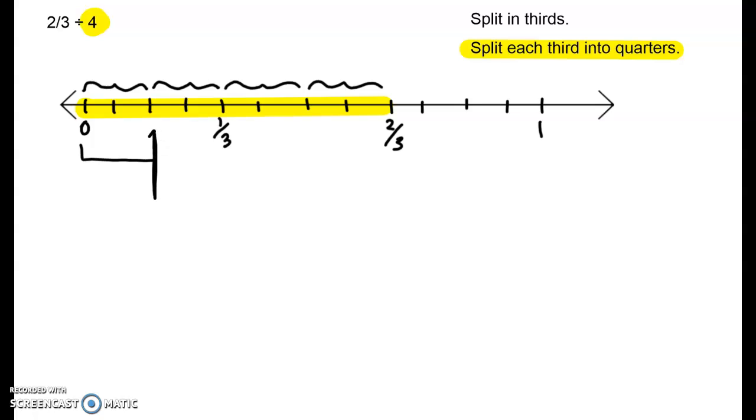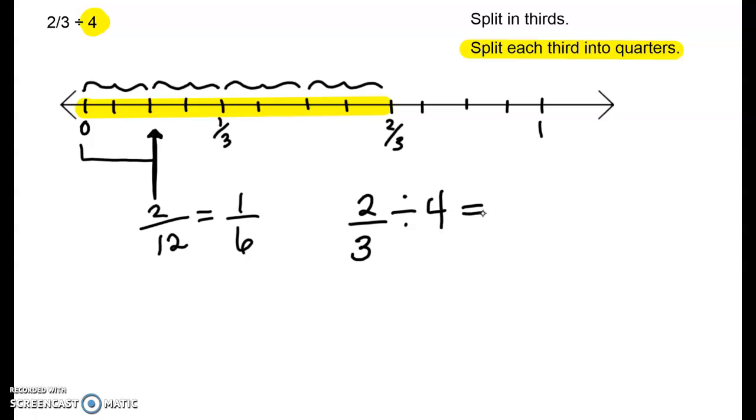Right here is our answer, which happens to be 1, 2, and what is the whole out of now? This is 4, 5, 6, 7, 8, 9, 10, 11, 12. 2 12ths. Or if I reduce that, divide both by 2, I have 1/6. So when we write this division statement again, we have 2/3 divided by 4 is equal to 1/6.